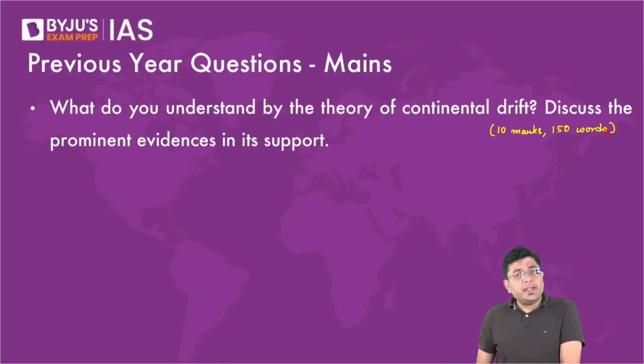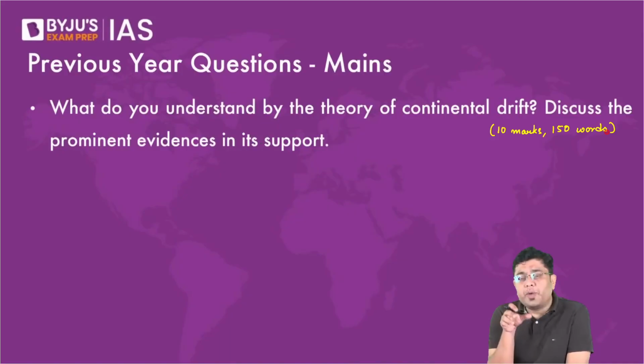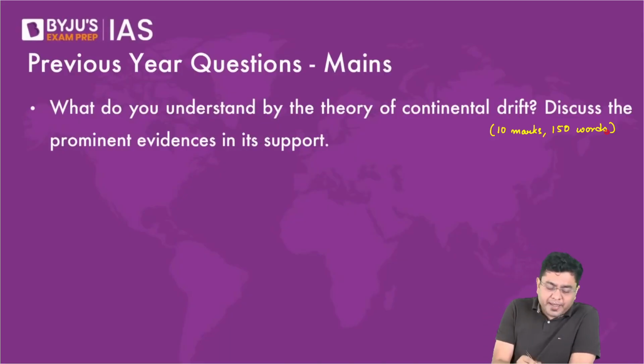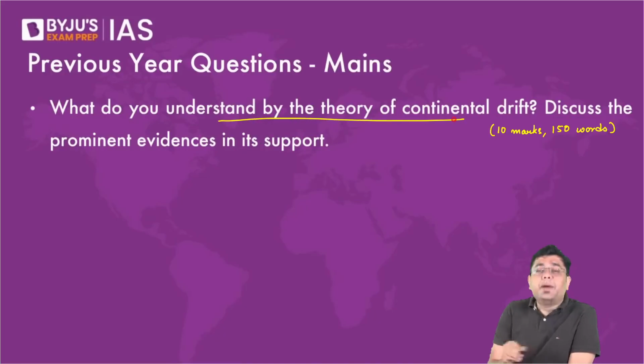Now, how do you create an answer? First of all, you have to understand that the question has two particular parts. The first part is, what do you understand by the theory of continental drift? And the second part is, discuss the evidences in its support.